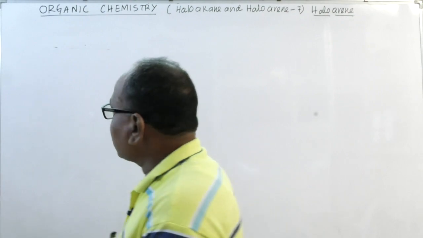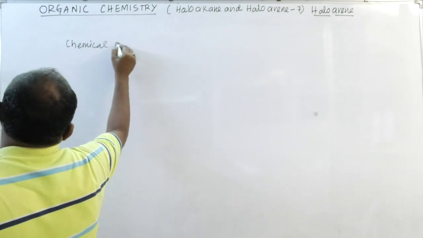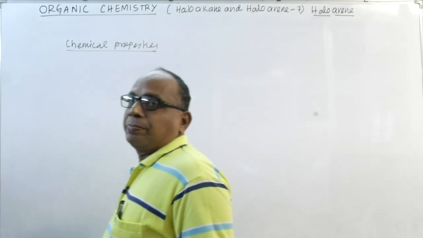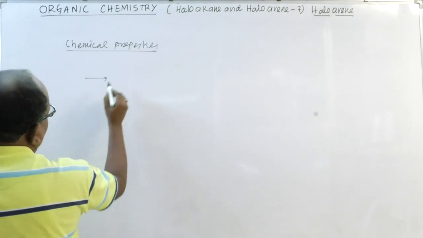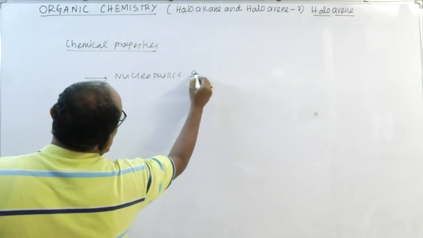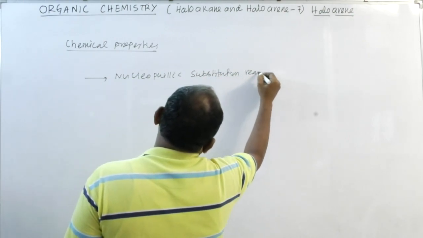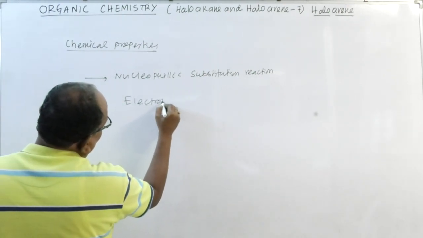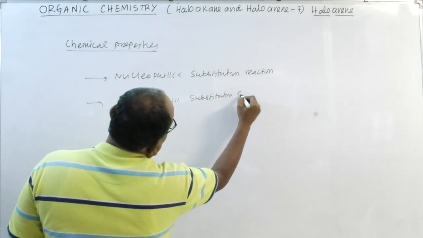Okay. Now come to the chemical properties. In chemical properties, we will study two reactions, that is nucleophilic substitution reaction, and another is called electrophilic substitution reaction.